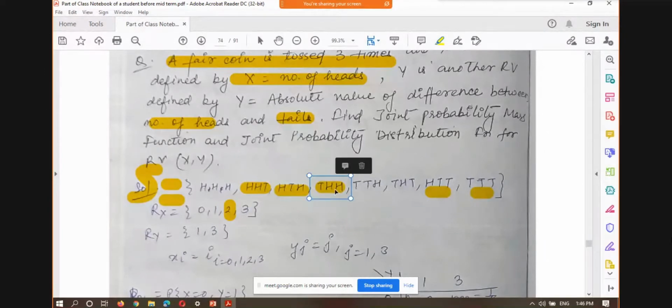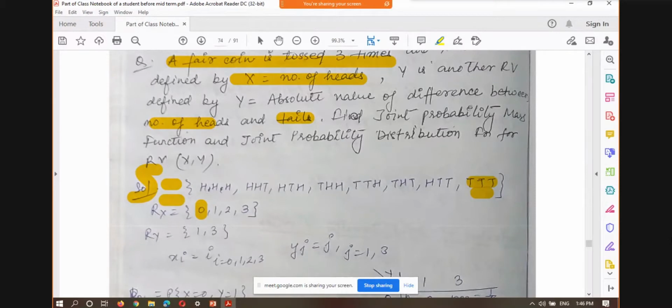Now the remaining events: this one is good because it has one head, and this, and this. So these three events go to 1 because they have one head. And then the no-head case is also there, so this is going to 0. This is the value taken by the random variable x to map the sample points.